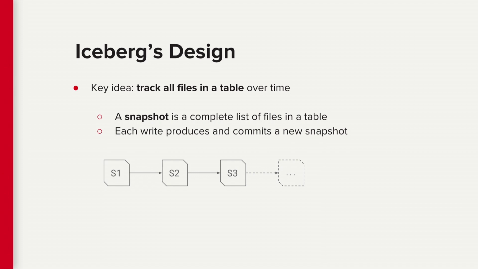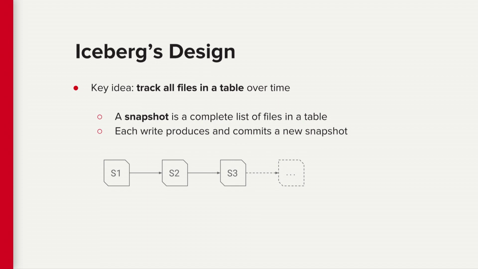So think of a snapshot as a complete listing of all the files in a table. It's pretty clear that what we can do here is produce a new snapshot, point the table to that new snapshot, and that's a single atomic operation to make basically any change we want at a file level to this table, right?